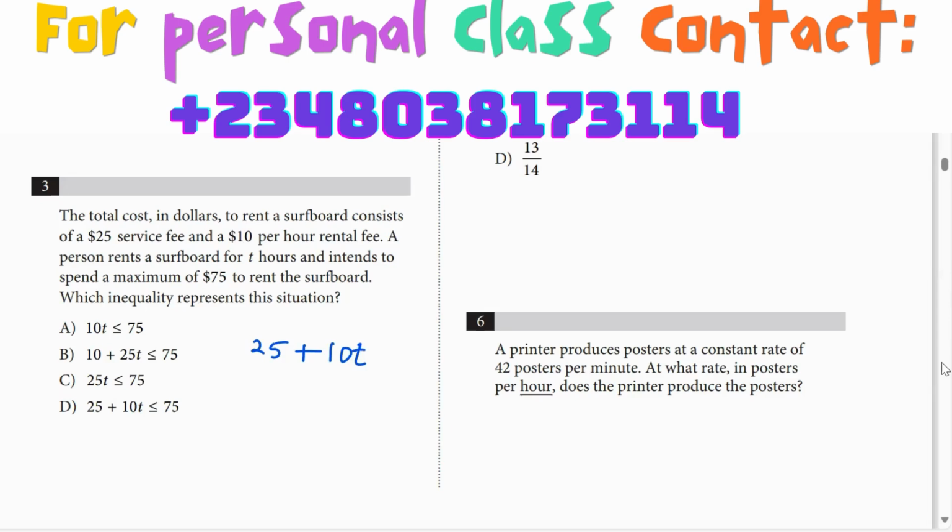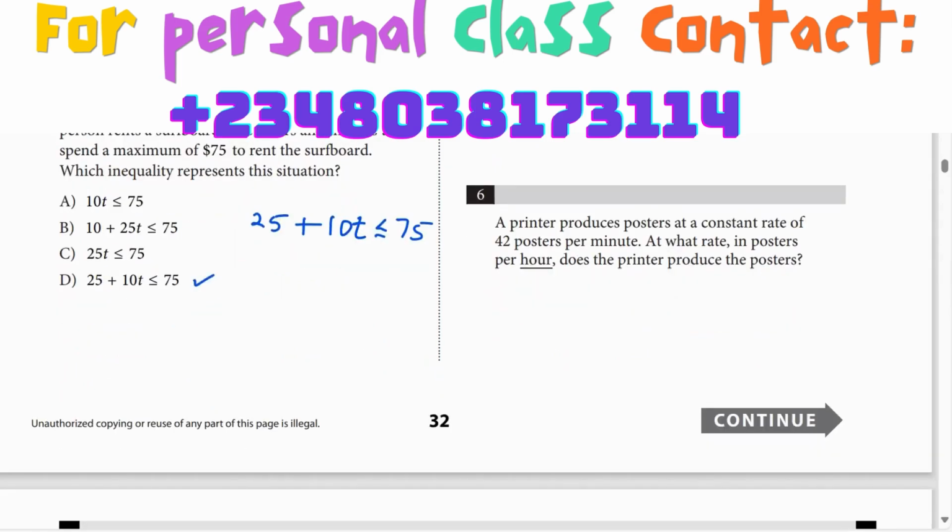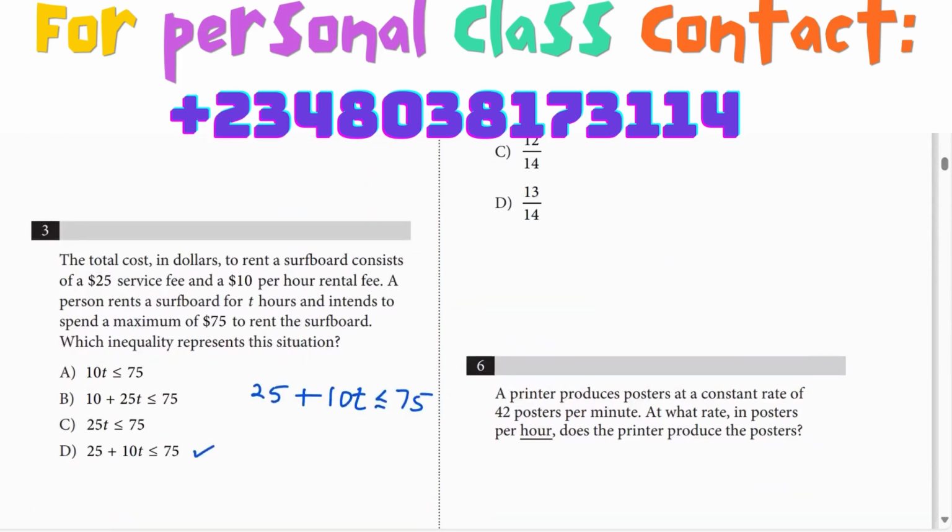This is 10. The maximum to be spent is $75. So for maximum, we use this. This means it can spend below or at most $75. So we see that option B is the most appropriate answer. So we proceed to the next question.